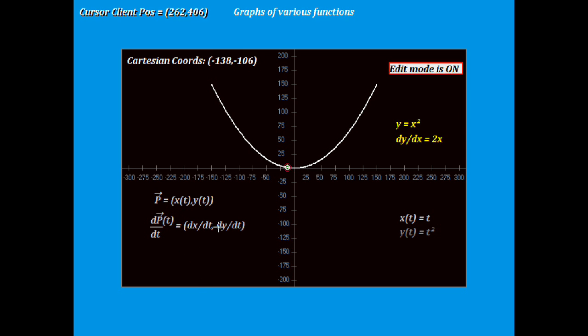That's the formula for the derivative of p with respect to time. Now dx/dt is equal to 1. And then dy/dt is 2t, right?